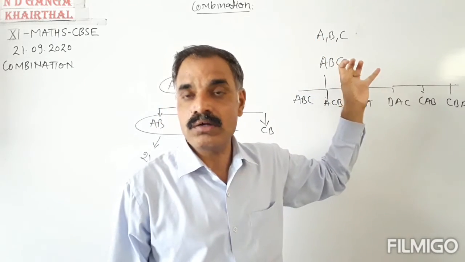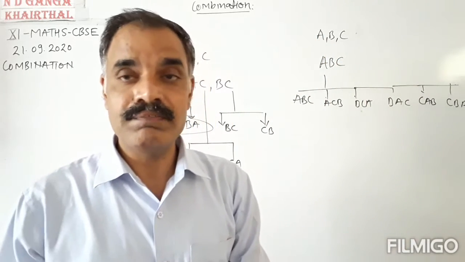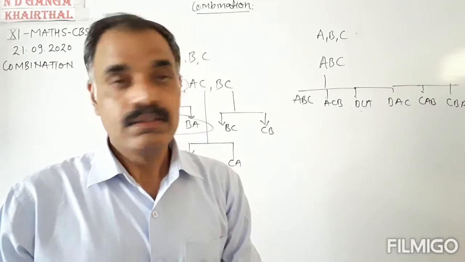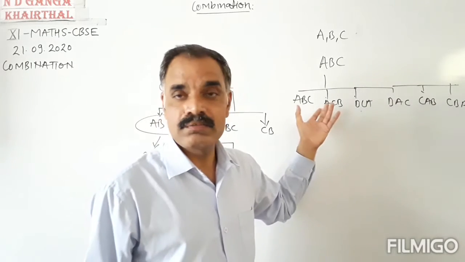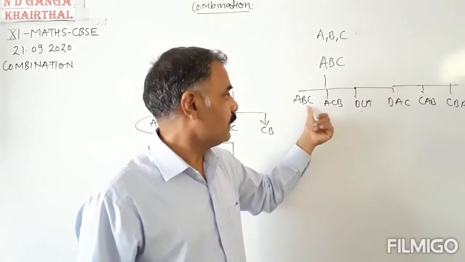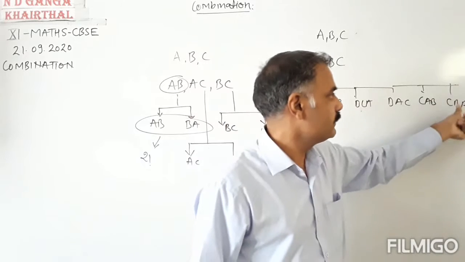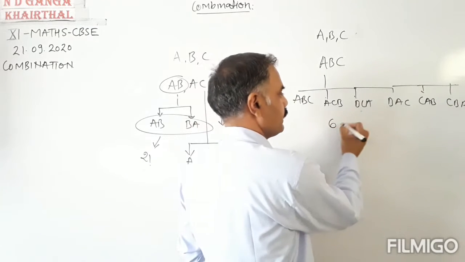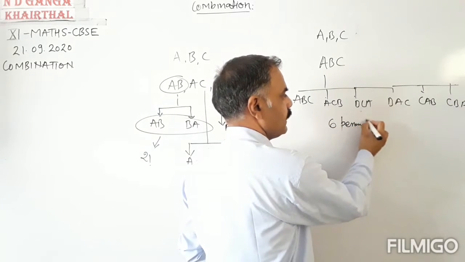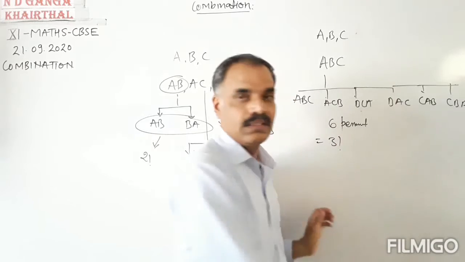Combination out of 3 taken 3 at a time is ABC only. But how many permutations are there? 1, 2, 3, 4, 5, 6. So 6 permutations are there, that is factorial 3.